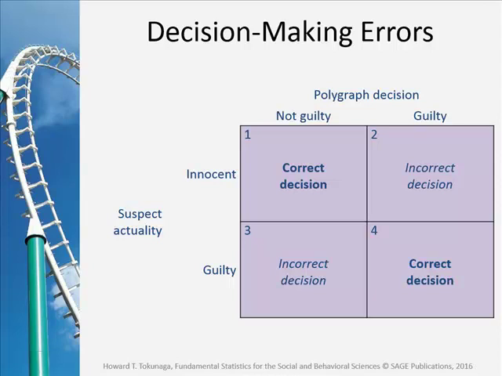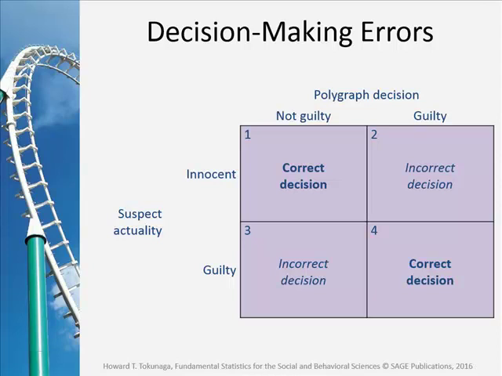So if the polygraph says you're guilty, there are two possible outcomes. You are actually guilty. This is a good outcome, right? You did what the polygraph says you did. Polygraph correct. There's also a possibility that the polygraph says you're guilty, but you didn't do anything.